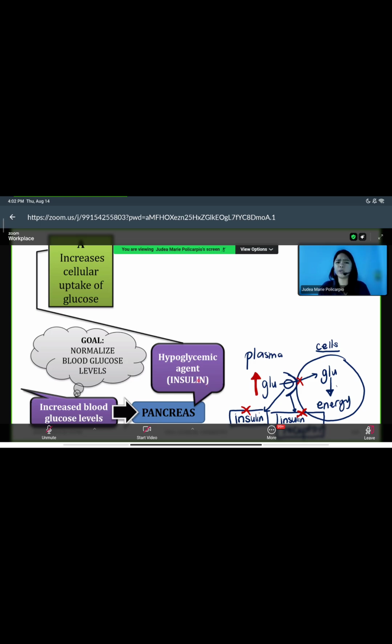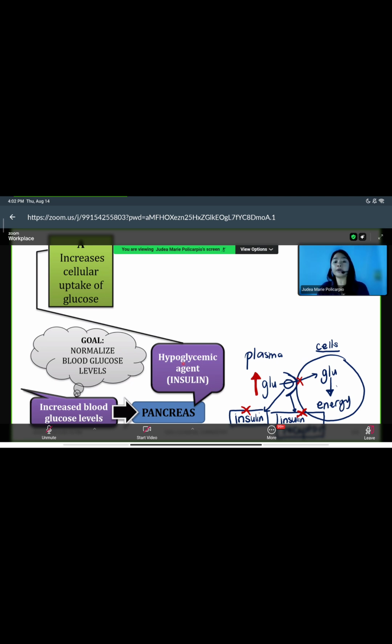Pero either way, problema man sa susi, problema man sa pintuan, still, ano mangyari sa glucose mo? Maiipon yan ngayon sa plasma. Magkakaroon ka ng hyperglycemia. Kaya common characteristic ng diabetes mellitus, expect that there would always be hyperglycemia. Hindi kasi makapasok sa loob ng cell kasi either wala kang susi or sira ang pintuan.